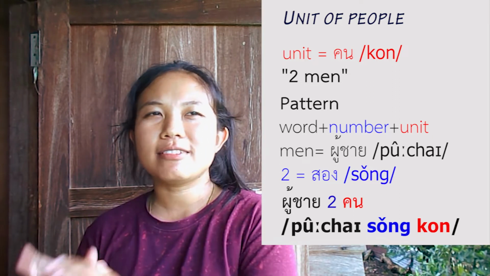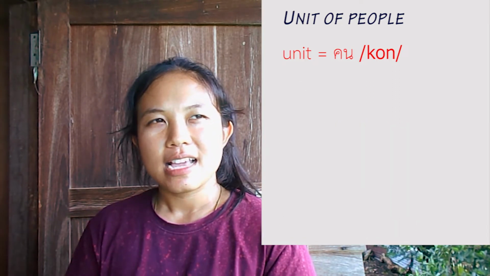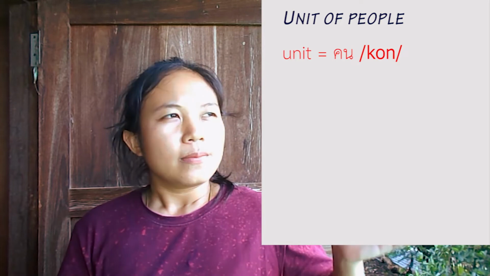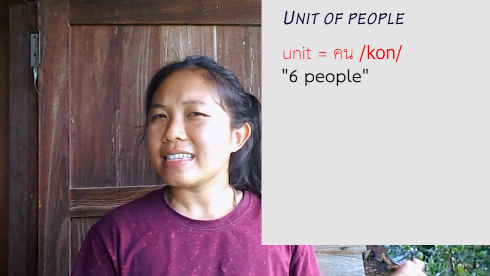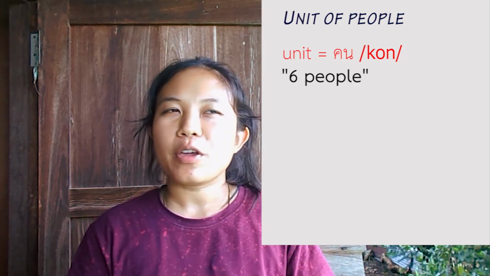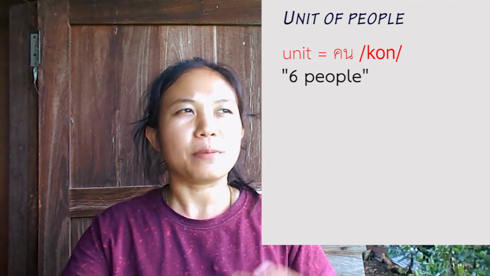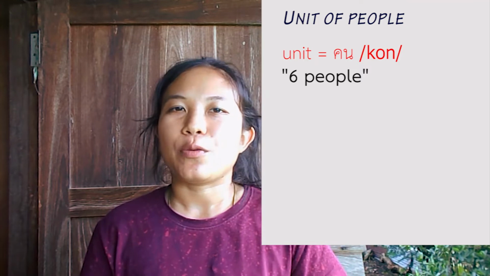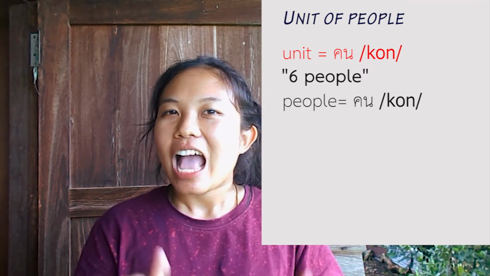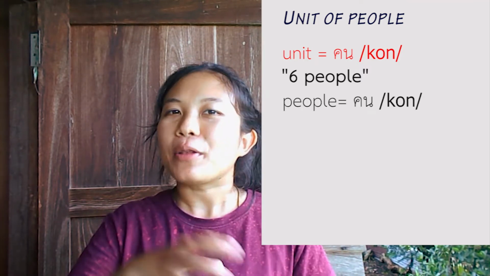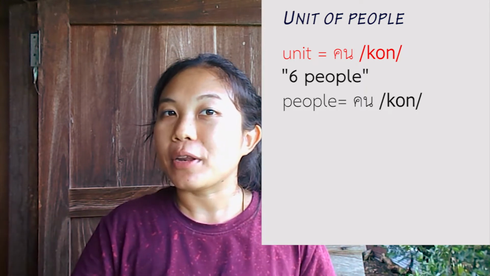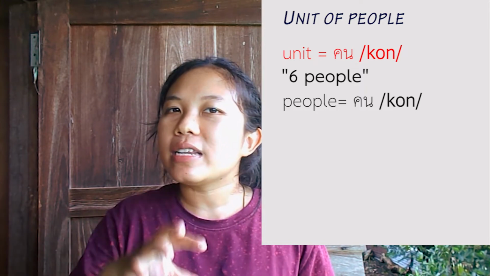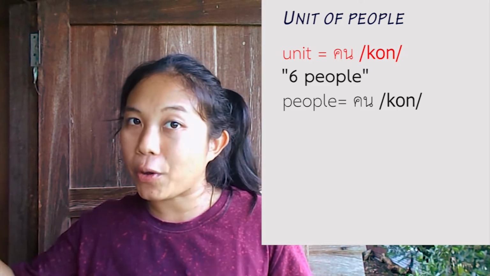And if you want to say 6 people, if you want to call the people in general, in Thai we call it คน, which means people, and the unit of the people is คน also.